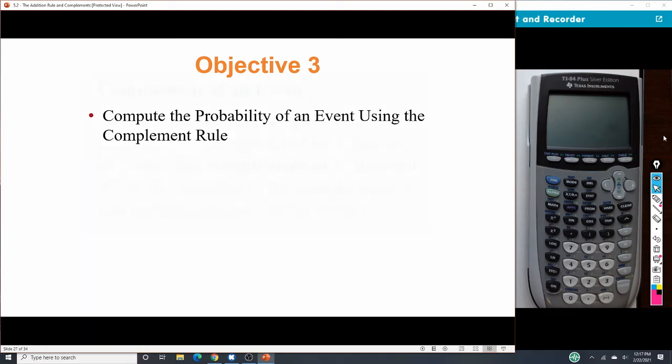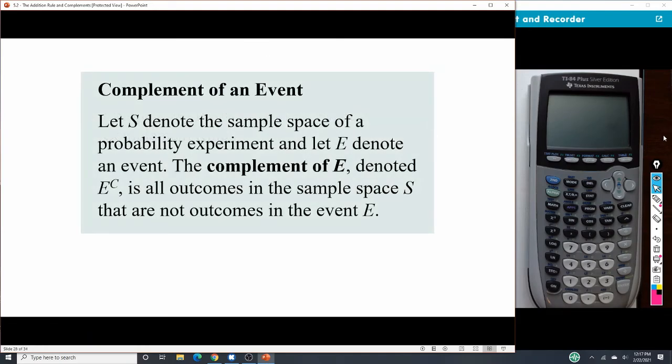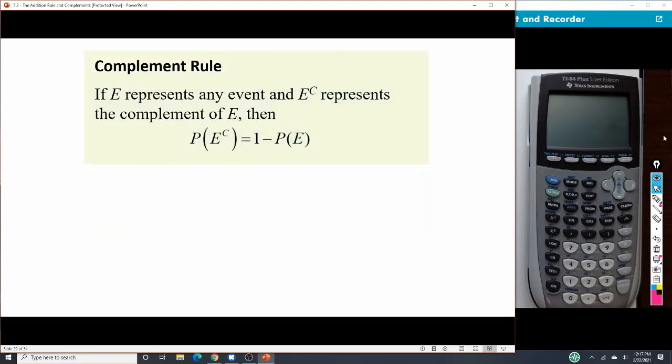All right, complement. The complement of an event is the outcomes that are not going to happen. So instead of looking at E, we want the things that are not E with those, okay? And so we denote that with a C superscript there with those. So we're going to be looking for that. All right, and we can find those things by doing 1 minus the probability of E with that.